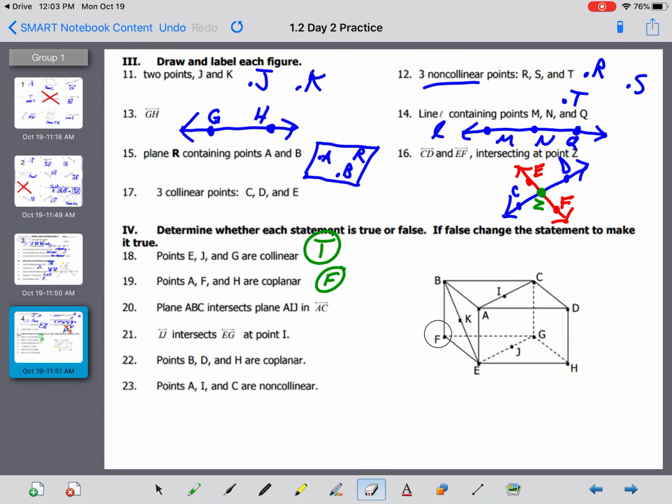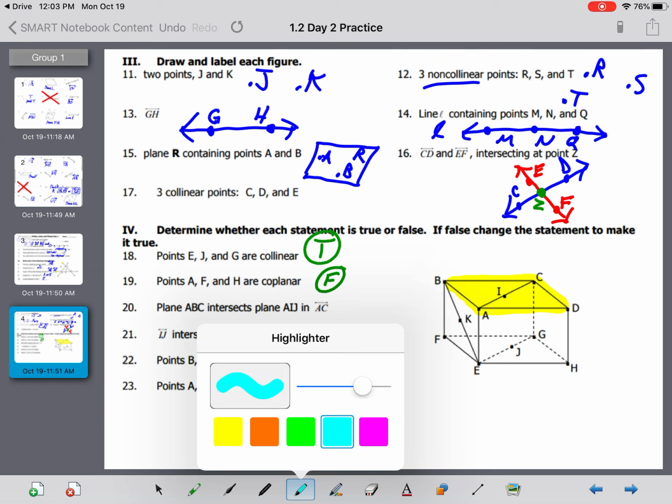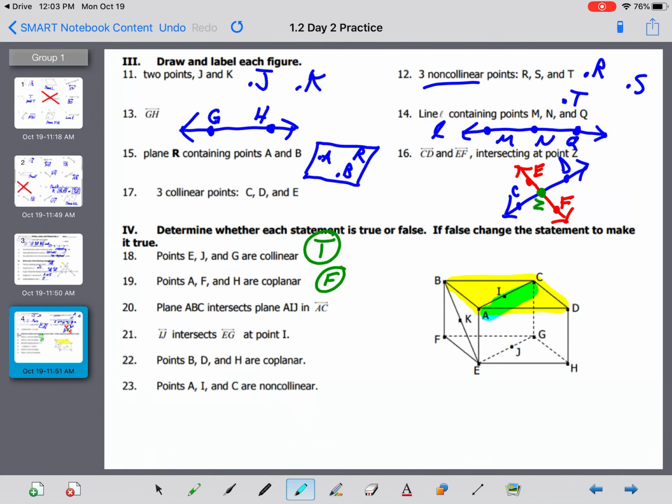Plane ABC intersects plane AIJ. Well, plane ABC is this one, and AIJ is actually right here. A to I to J is this plane. So those planes actually do intersect each other.